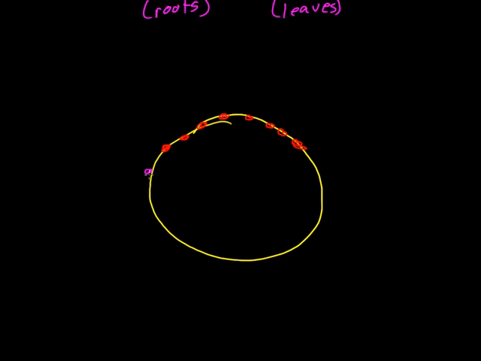I'll draw some in this pink color, and maybe we've got some in a third type of molecule. Well, let's say that we have a signal of hormone X. Each one of these little X's represents a molecule of hormone X.